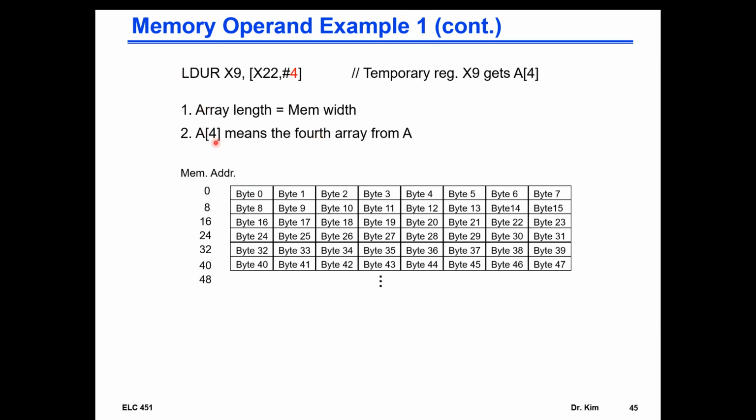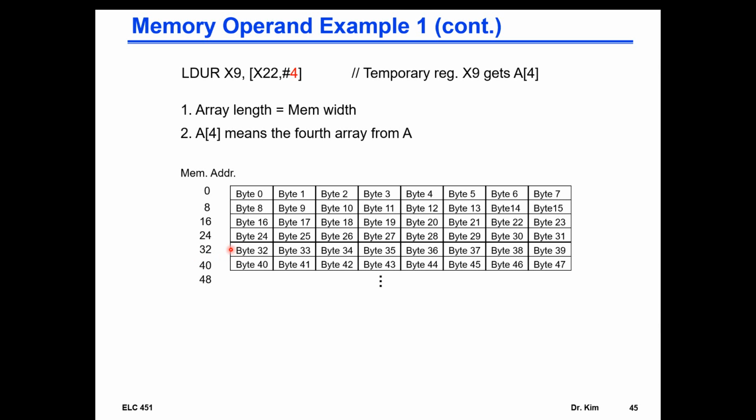So if we want the fourth element, what we really want is this one here, the fifth. So this is element 0, element 1, element 2, element 3, and element 4. So you see that we will have to multiply the displacement, because what we want is the actual displacement in bytes, 32.